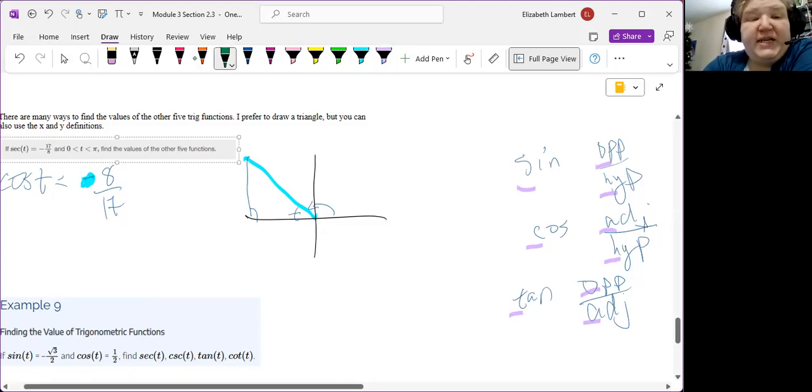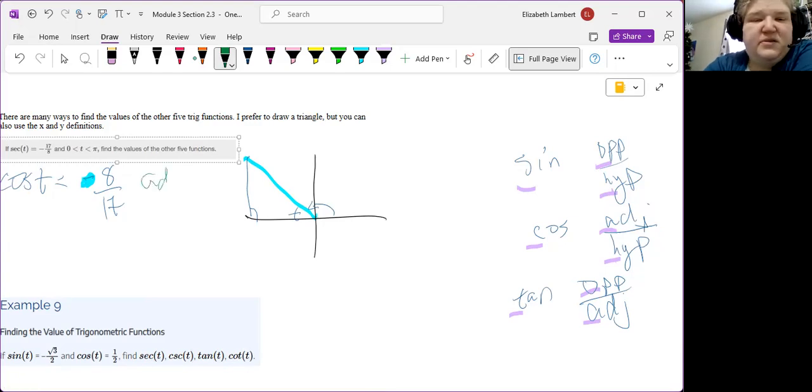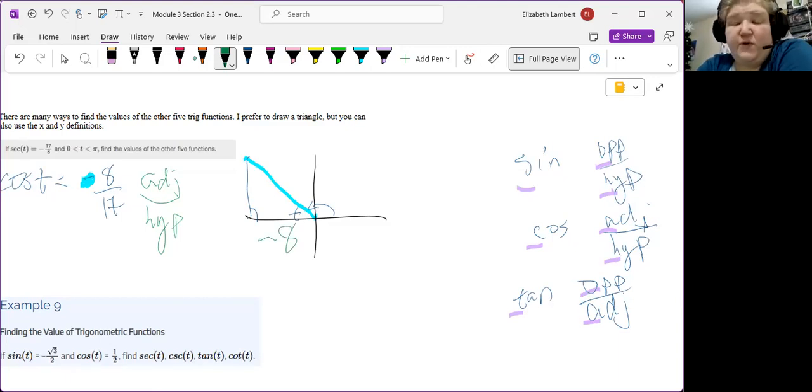So our cosine here, negative 8 over 17, is the adjacent side over the hypotenuse. So the adjacent side goes to the left, because that's the one next to t, not opposite t. And that's where the negative is for our ordered pair. The x, the horizontal distance over, has to be negative. And then our hypotenuse here is 17.